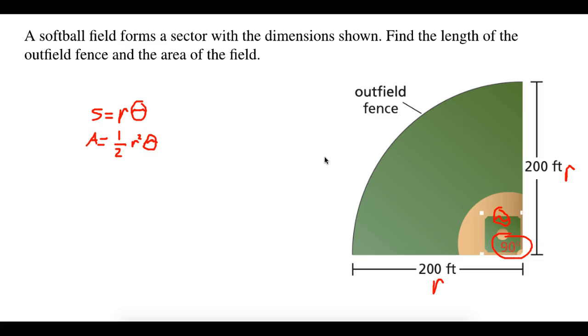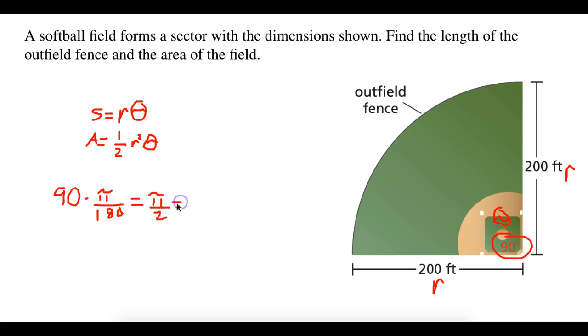Now remember, we need to have this in radians. So if we take 90 and multiply that by pi over 180, just like you learned in the last video, to translate into radians, we get that theta is equal to pi over 2.